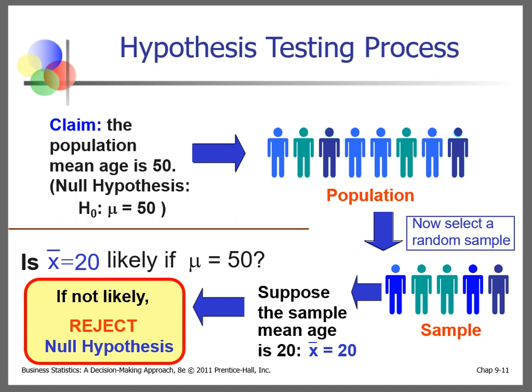The hypothesis testing process. After defining the hypothesis from the population, such as the claim that the population mean age is 50 for the null hypothesis, we then select a sample from the population to determine their average age.